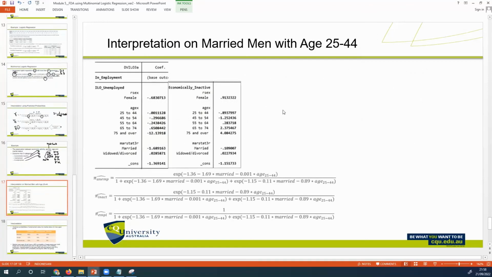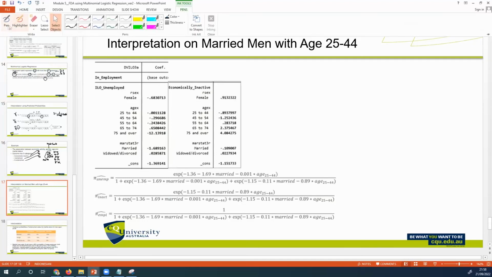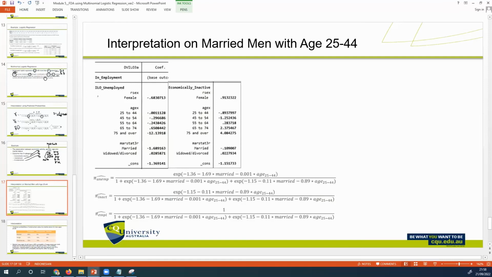So let's see the result like this. Y1 is in employment, Y2 is unemployed, Y3 is economically inactive.